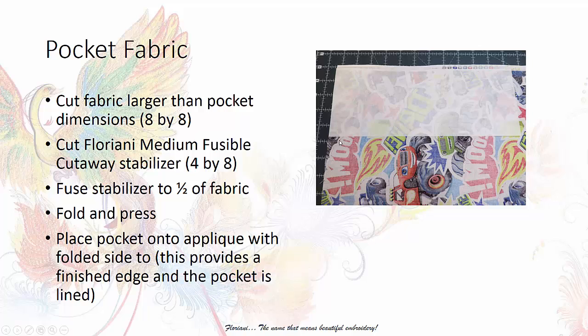So as I was creating my pocket in the hoop, because we're going to applique the pocket on, it stitches the tack down stitch, and then place your finished pocket with that finished edge to the top. Place that down, then complete the applique process in there. So you're going to tack it down, trim around the outside, do the cover stitch, and you have a really nice finish pocket on there.